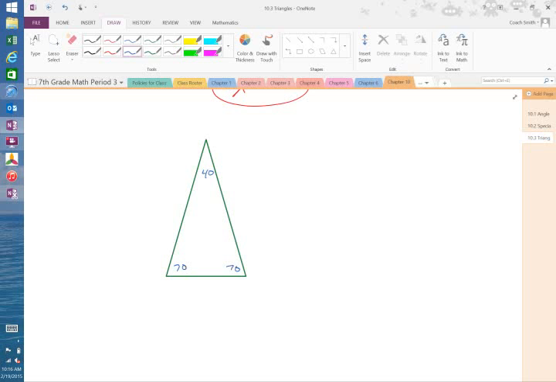Okay? So I cannot put any marks on it. All I need to know is I have two angles that are the same measurement. I have to have two sides the same length. If there's three angles that have the same measurement, then I have to have three sides that are the same length. If I have no angles that are the same measurement, then I'm going to have no sides with the same length.